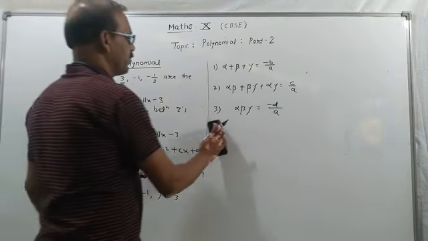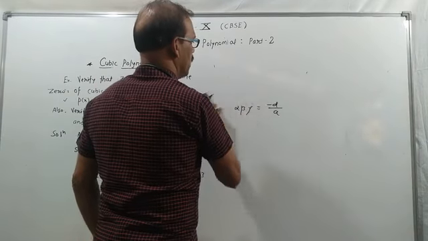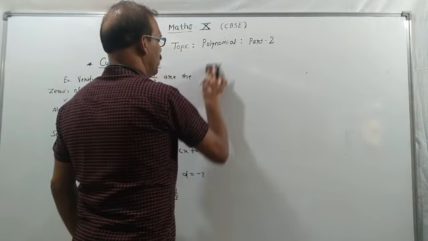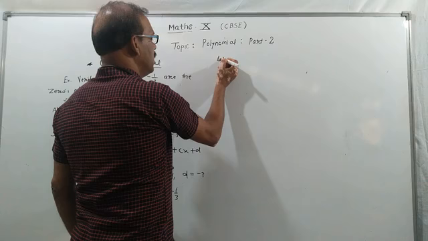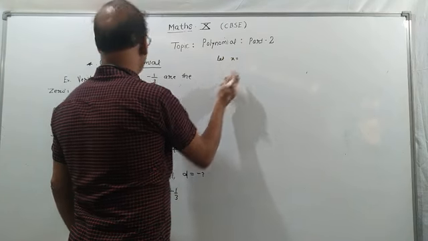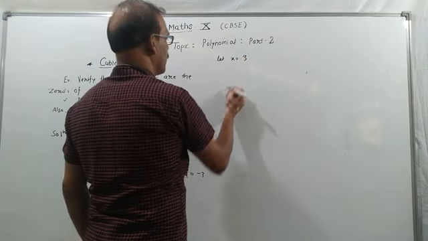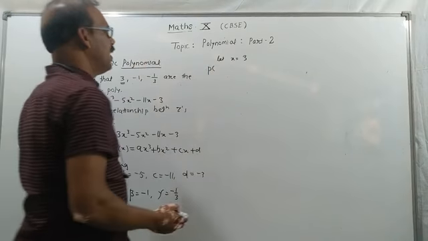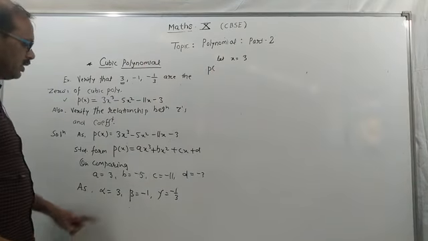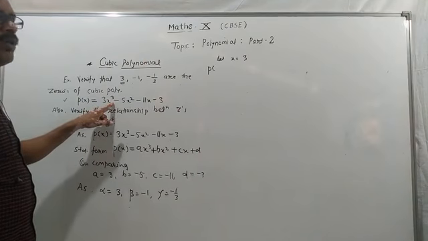First, let x be equal to the first value, that is 3. Then what is p of 3? We have to check whether it is a zero of the given polynomial or not.